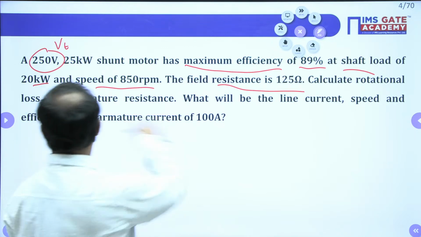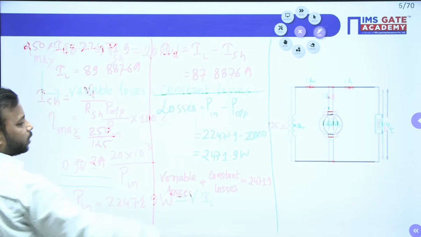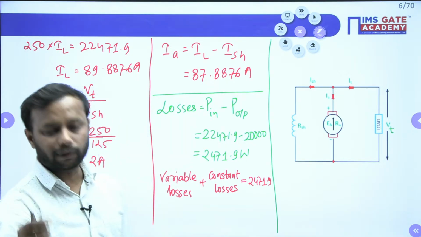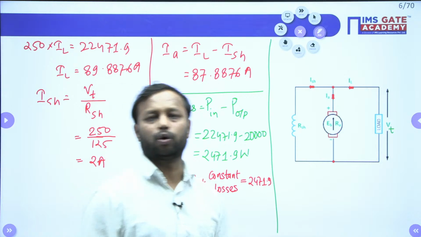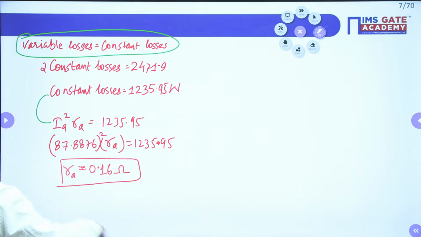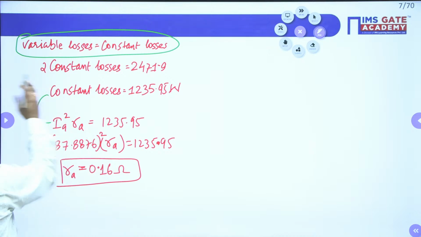Now here rotational loss and armature resistance we have calculated. So what is rotational loss? Basically these losses consist of the mechanical loss and your core loss. So what is mechanical loss? Friction and windage loss. So whatever losses we have calculated here, the constant loss is equal to the variable losses.